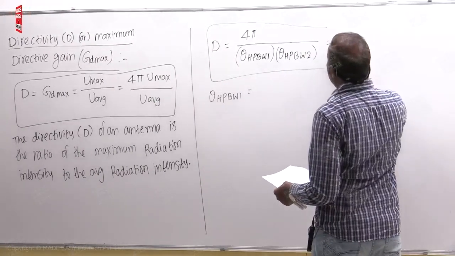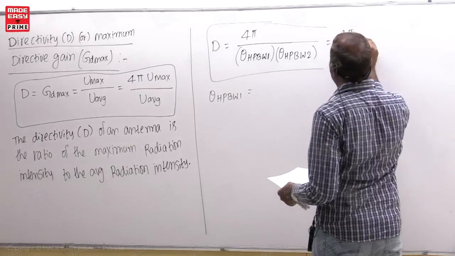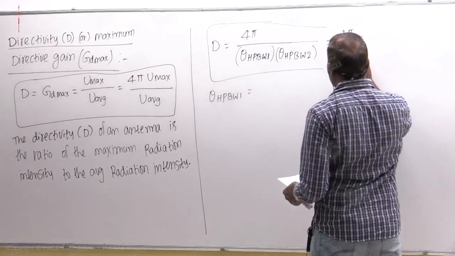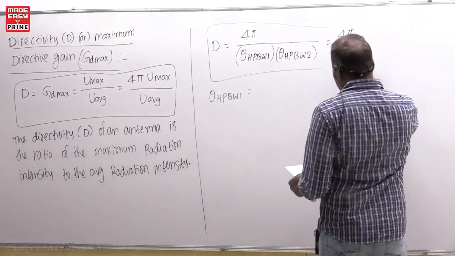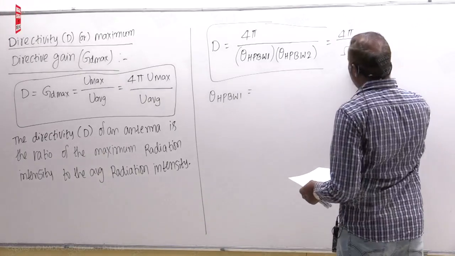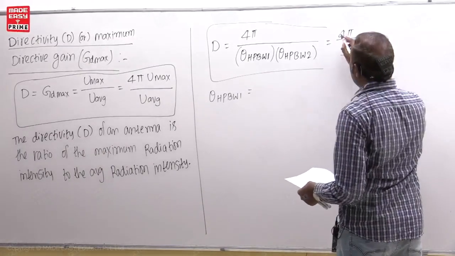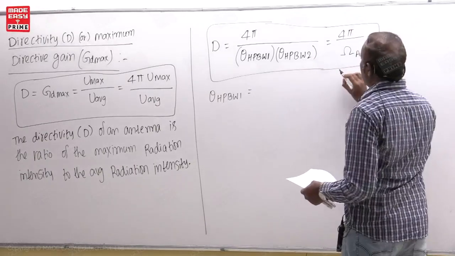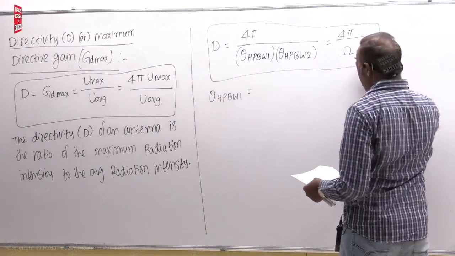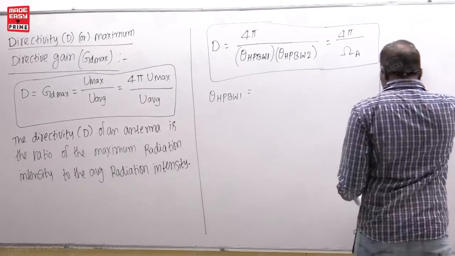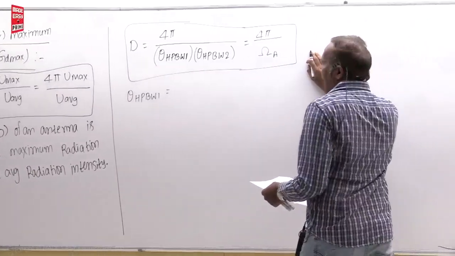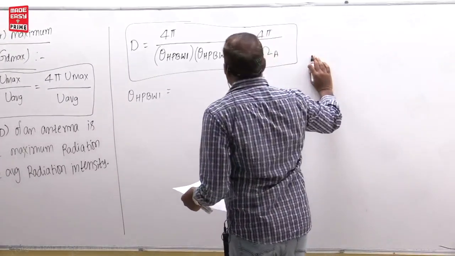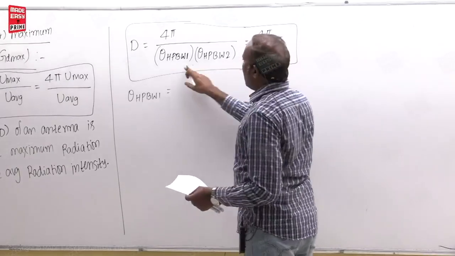If you want, you can write that: 4 pi divided by beam solid angle, the symbol is omega A. Omega means solid, and A means angle, so that is the beam solid angle. This is nothing but this one only.